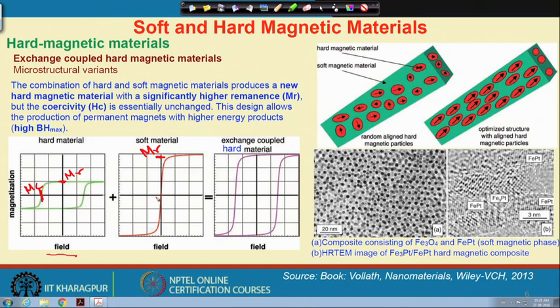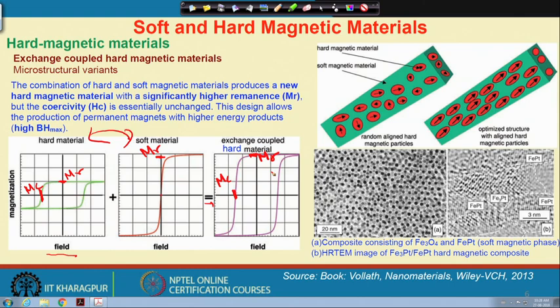But I can design a microstructure with these 2 types of nanophases, and the resultant microstructure will give us a higher M_r as well as higher M_c. So, this is the aim of the development of such nanostructured hard magnets.